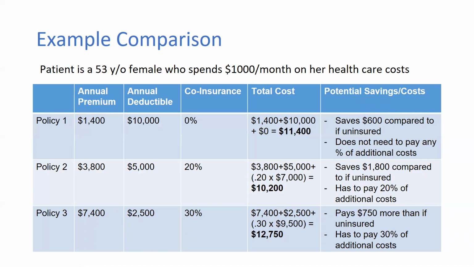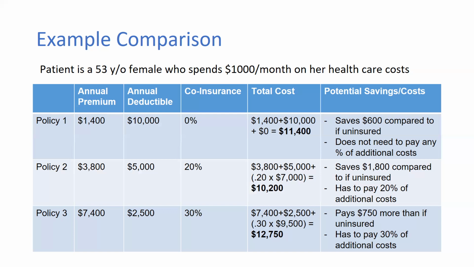So first, we have to consider what these plans will cost her. And to do that, you have to consider the premium, the deductible, and what they'd pay with co-insurance. So they'd have to pay the premium annually, regardless of what their healthcare services might be that year.